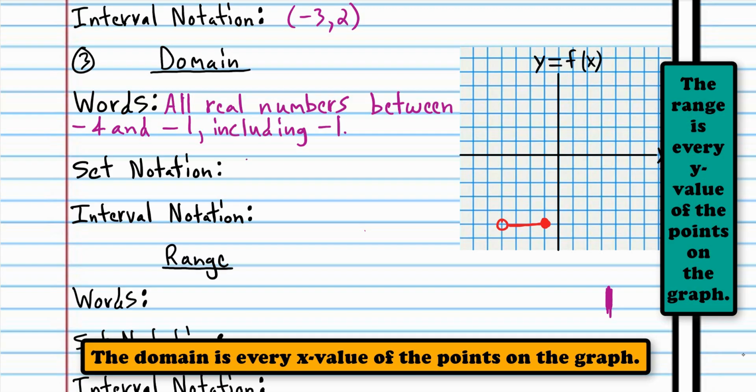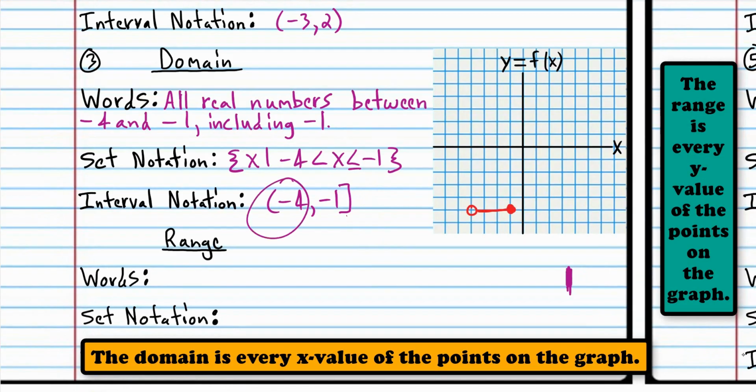The set notation tells us that the domain is the set of all x values such that x is between -4 and -1, but including -1, so we have to write a less than or equal to symbol there. And in interval notation we use a parenthesis, -4, comma, and then -1, and then a bracket. Why a bracket? Because again, -1 is in the domain. -4 is not in the domain, so we have to use a parenthesis. But all numbers between -4 and -1 are in the domain.